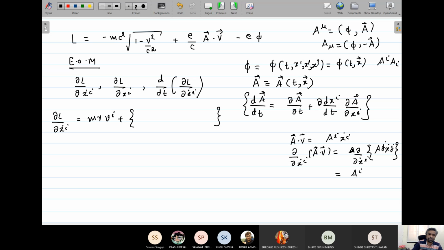Clear? So differentiation of A dot v with del del x_i dot gives a_i, and differentiation of phi with del del x_i dot is 0. There is no contribution coming from this term. So I will have just e by c a_i.